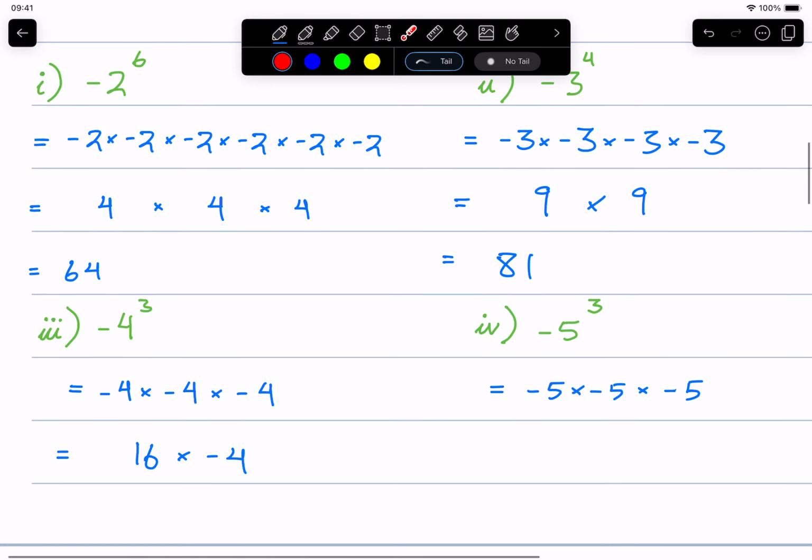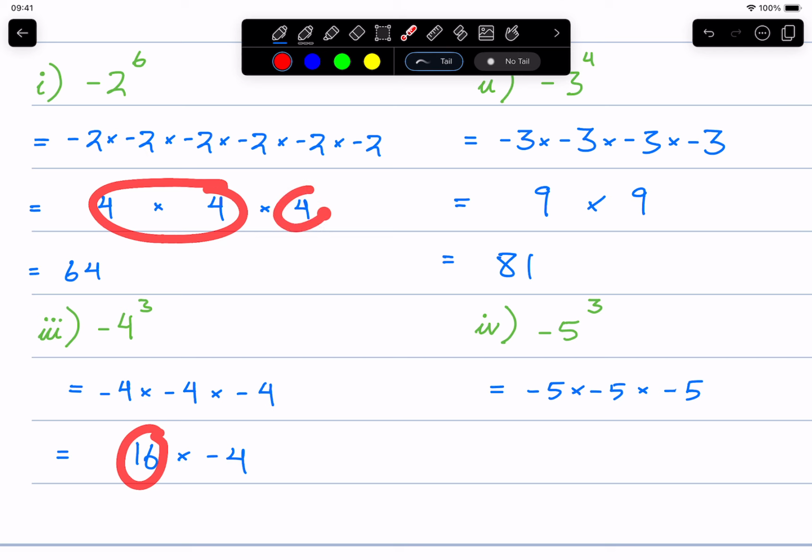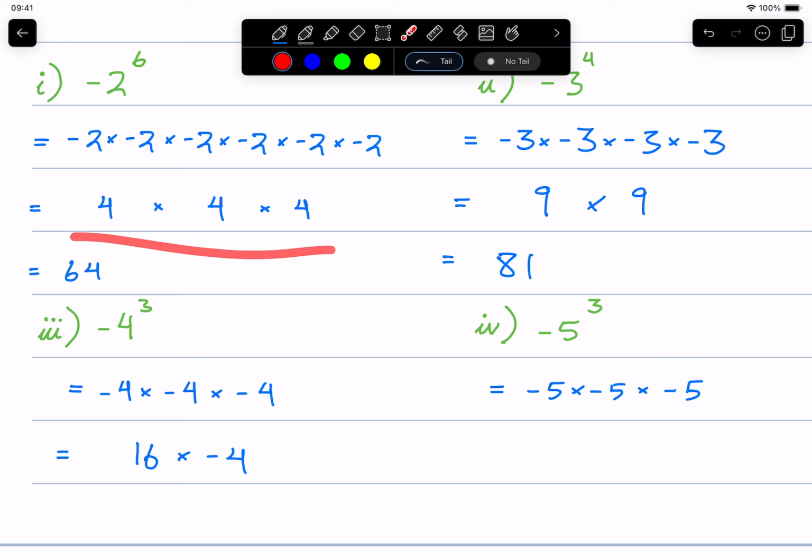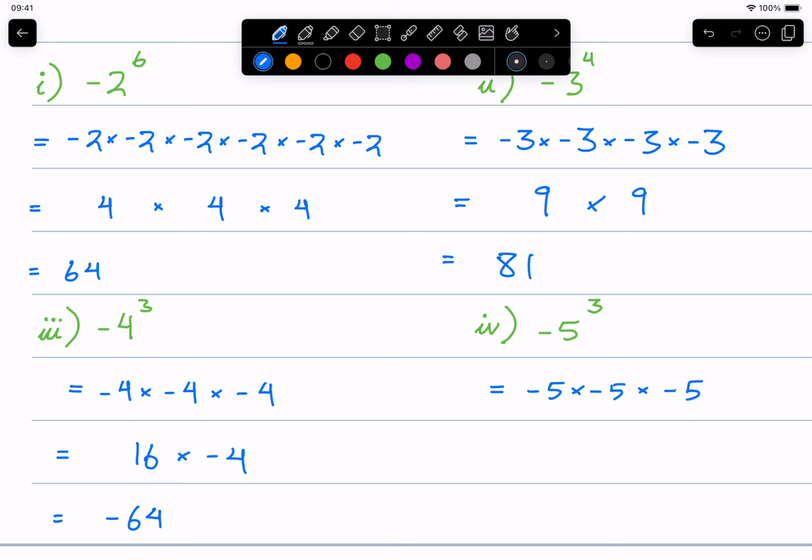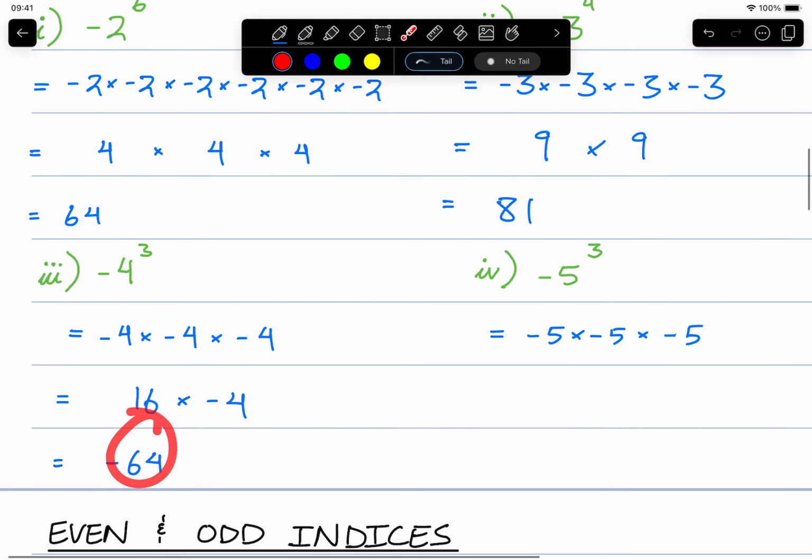In this case, we know that these two become 16, which is what we have here. But now we're going to multiply by negative 4, like we did in this one. So this will give us negative 64, because a positive and negative multiplying give us a negative answer.